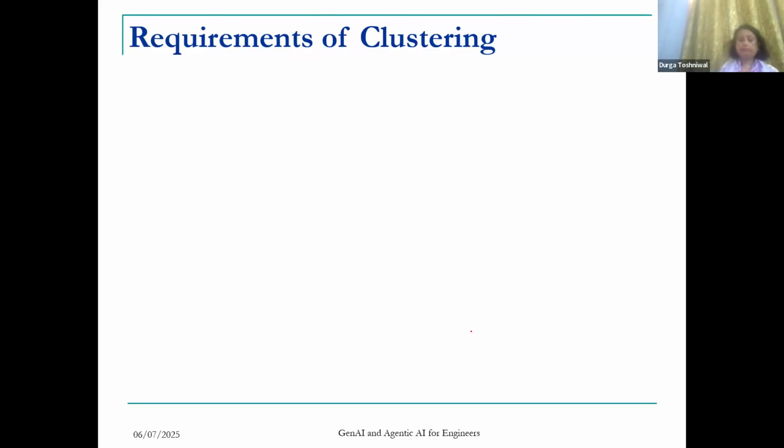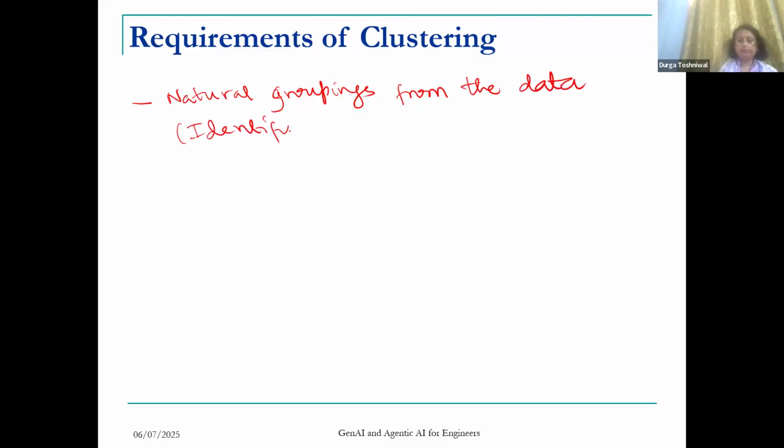So, the first property that any good clustering method should satisfy is that it should identify the natural groupings from the given data. It should not form artificial clusters, right? It should be able to identify the natural groupings from the data.